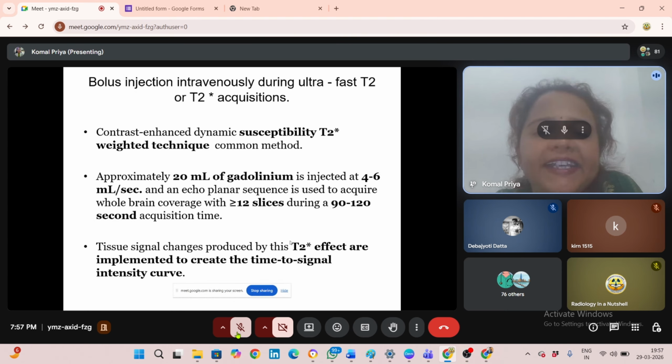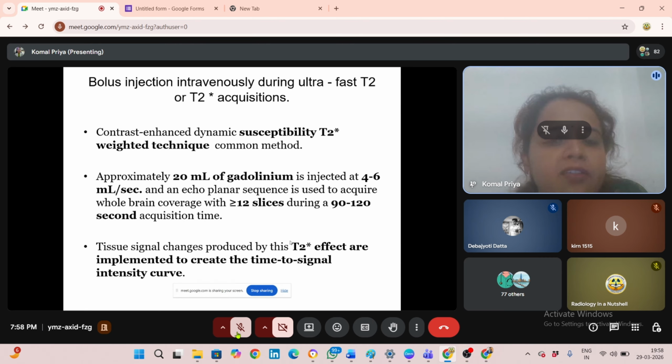So approximately, we give 20 ml of gadolinium-based contrast media. Flow rate we keep at 4 to 6 ml per second. And in that we acquire single shot gradient echo EPI sequence, which is a non-incoherent gradient echo sequence. And whole brain is covered.